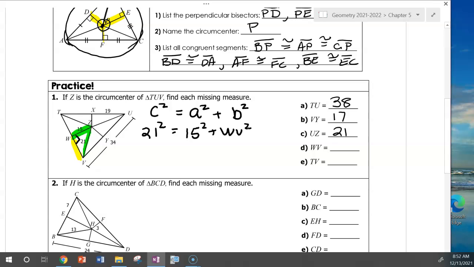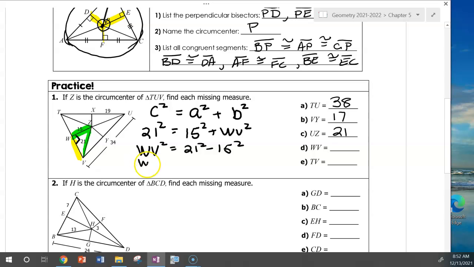So when I plug in, I'm going to then subtract 15 squared from both sides. So when I do, WV squared is going to be 21 squared minus 15 squared. Go ahead and punch that in your calculator. 21 squared minus 15 squared. I get 216.